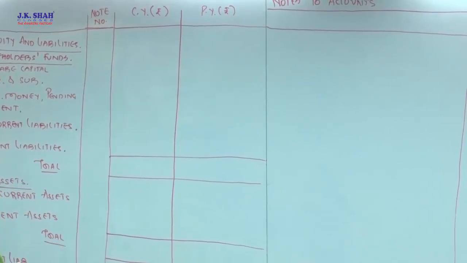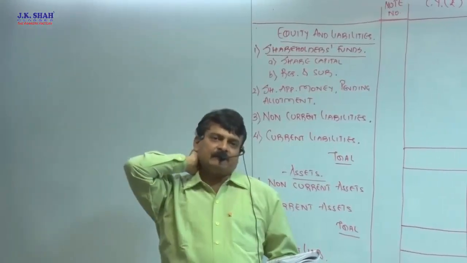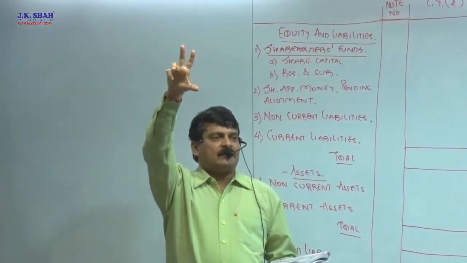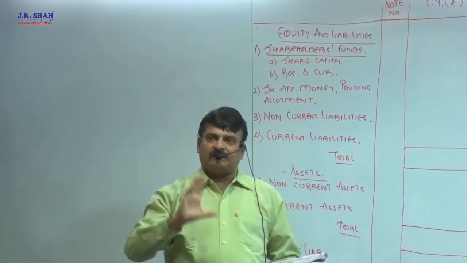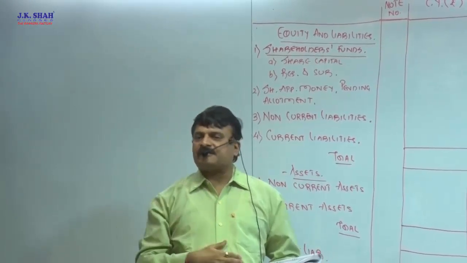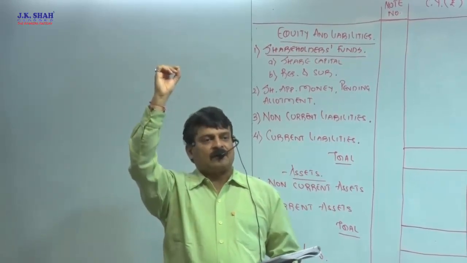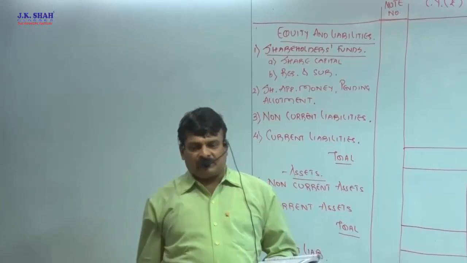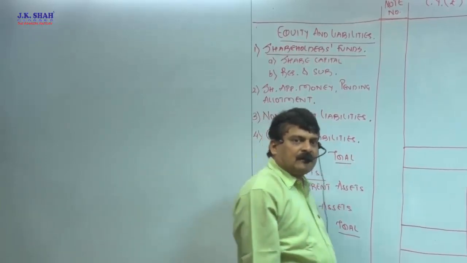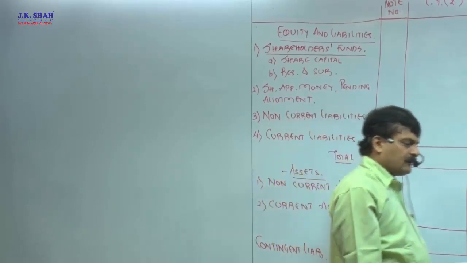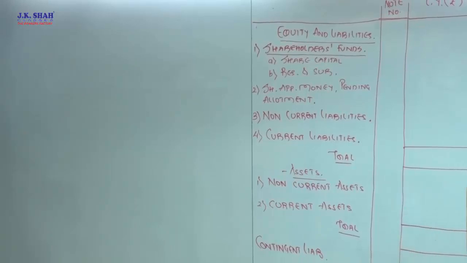First step, which we used to do in 11th standard: trial balance items for which additional information is given in the adjustments, we tick mark them in the trial balance. What is the first additional information? It will affect share capital, so tick mark share capital in the trial balance.